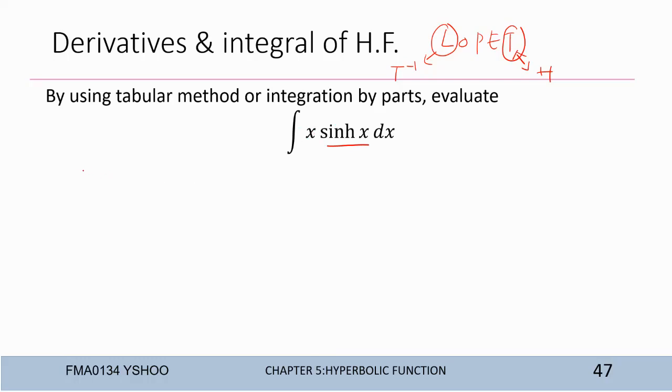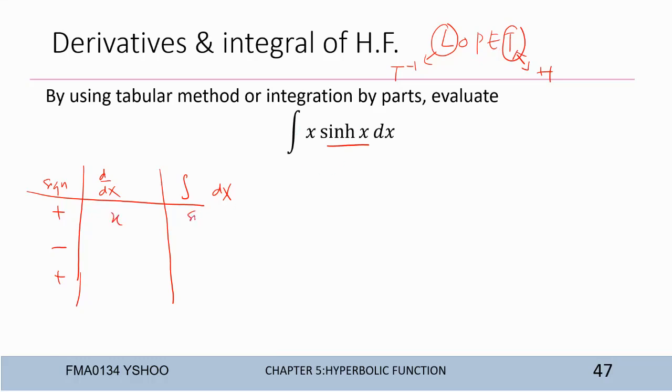So we build the table. The first column is the sign: we just put positive, negative, positive, regardless of how many. The second column is differentiation and the third column is integration. As we know, following the LOPET path, the one you must choose as u is the polynomial, so over here it is x.